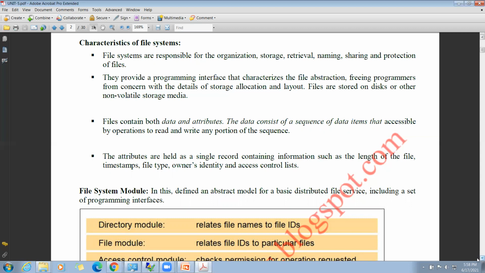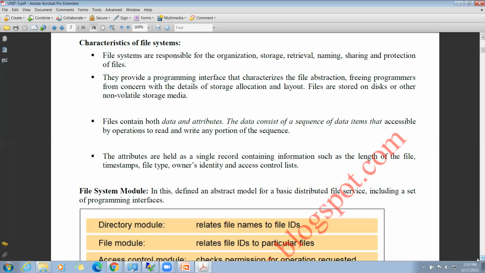The second one is the files are stored on disks or other non-volatile storage media. These disks and non-volatile storage media will provide the programmers access to the data. Third point is files contain both data and attributes.